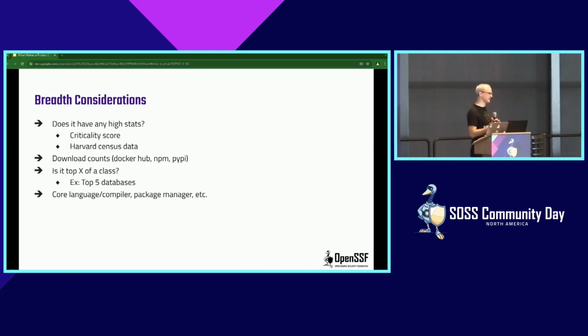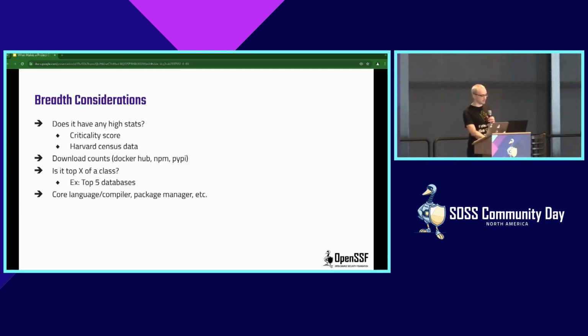And then, anything that was just completely apparent that this is widely used, like the Ruby language or any kind of very large language, top 10, the language, the package manager, the compiler, whatever part goes in that's the open source project to that, then it's pretty obvious that it has a wide breadth of use.